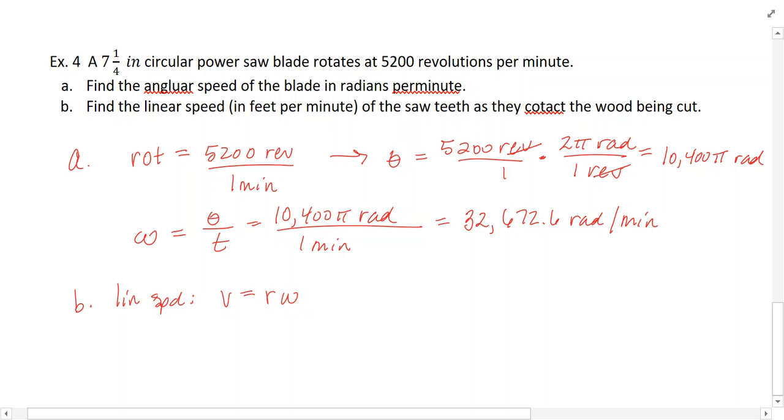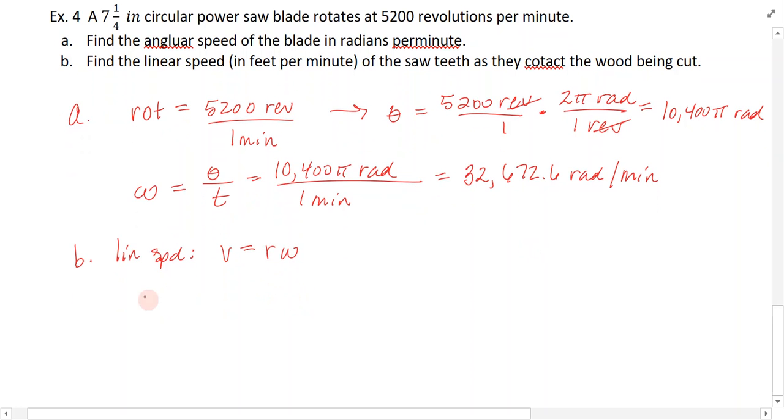Now, we know that the radius of my saw blade is going to be half of 7 1/4, which ends up being 3 1/8, or 3.625 inches.